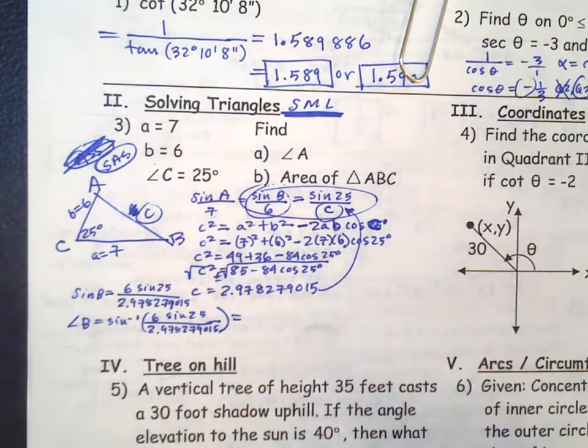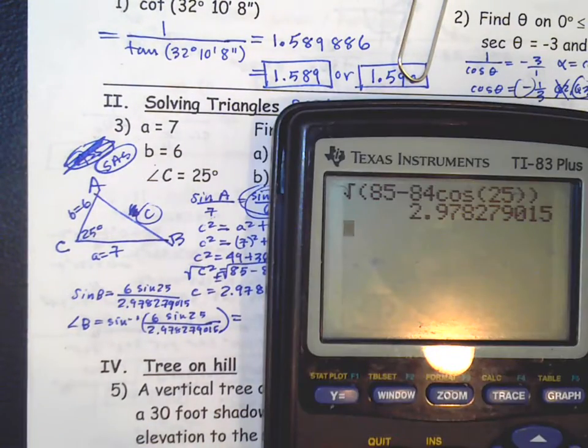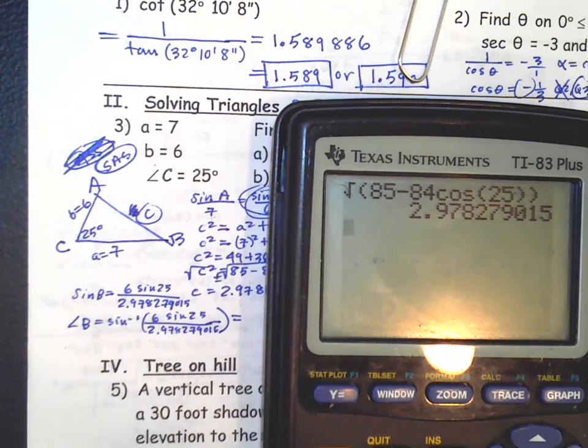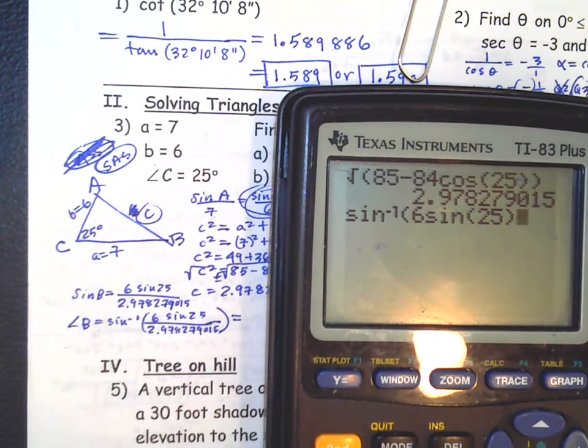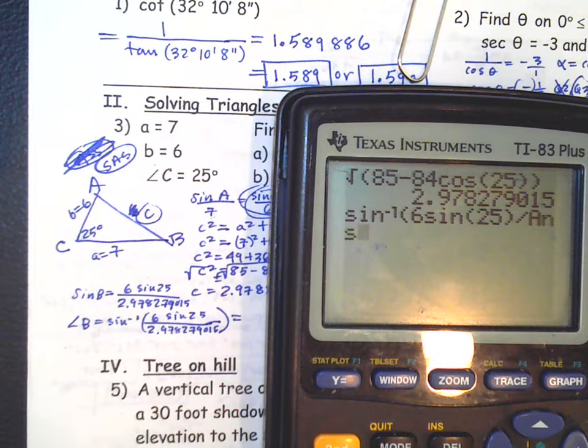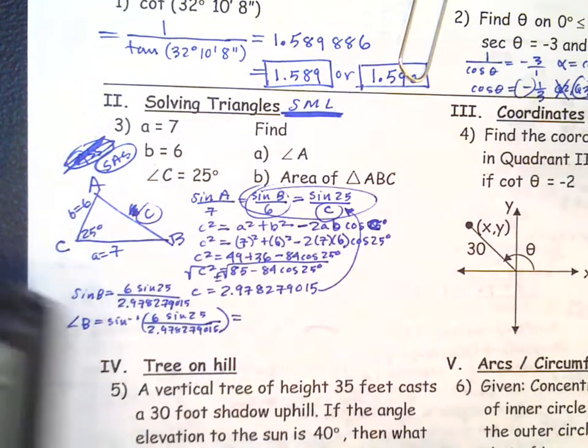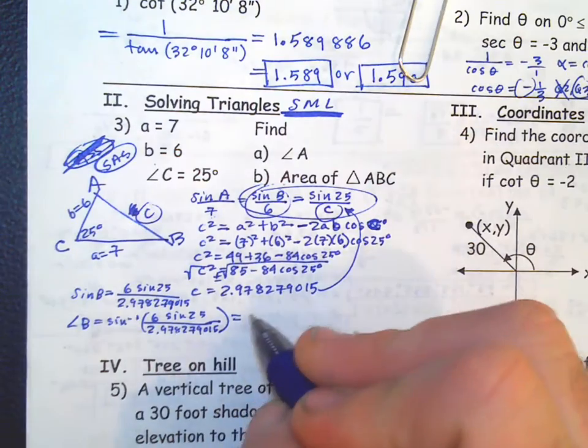And we get, so, inverse sine of 6 times sine 25. Now here's a trick. Divided by the previous answer, so I don't have to type all that. And it keeps it super accurate. And that's our answer.